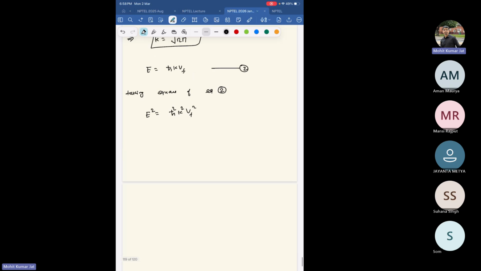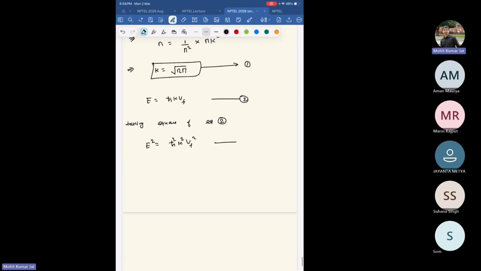And substitute 1 in 3. So if we do so, we get E square equal to h bar square, k square is nothing but n pi, Vf square.